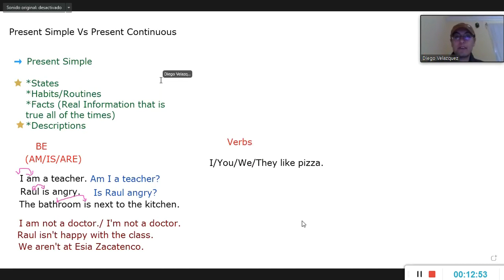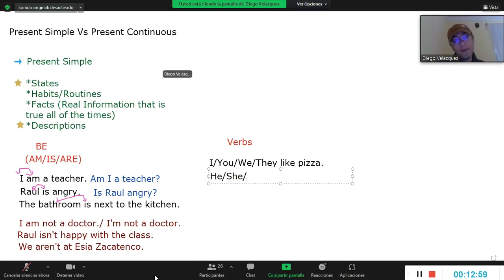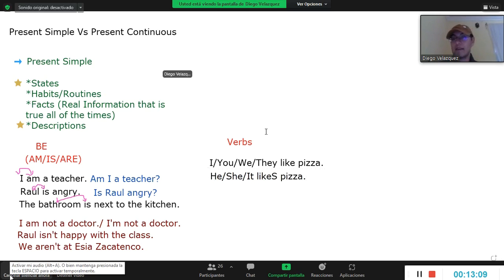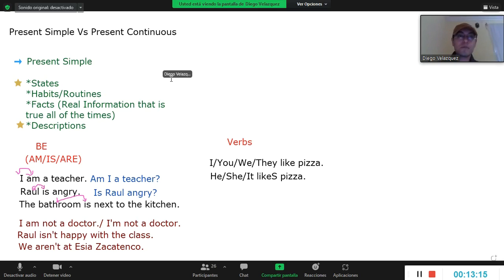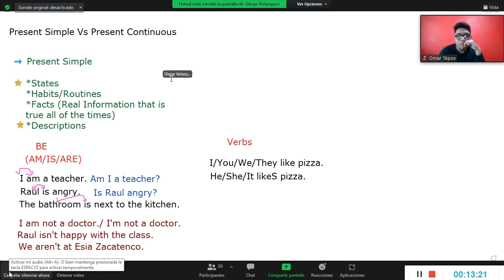However, remember that in the case of the subjects he, she, or even the subject it, what happens? Remember that the verb in here usually tends to have an S. He likes pizza, she likes pizza, etc. Okay, my friends? Any questions for the moment? No, teacher.